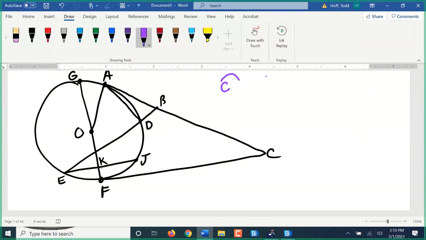I'm going to tell you that arc GE is 120 degrees. I'm going to tell you that angle ACF is 30 degrees.